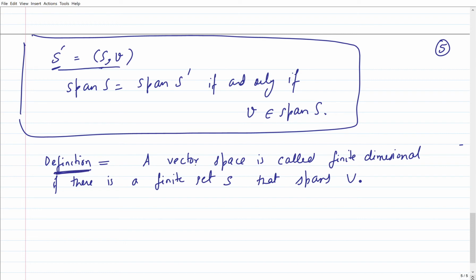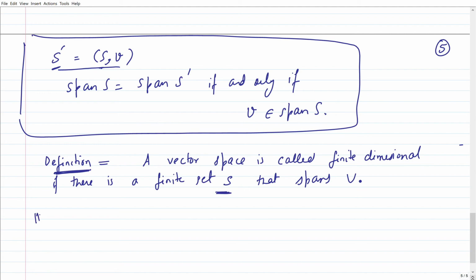I have a finite dimensional vector space if I have a finite set S that spans V, and for the next lecture, or unless specified, we are going to be dealing with finite dimensional vector spaces.